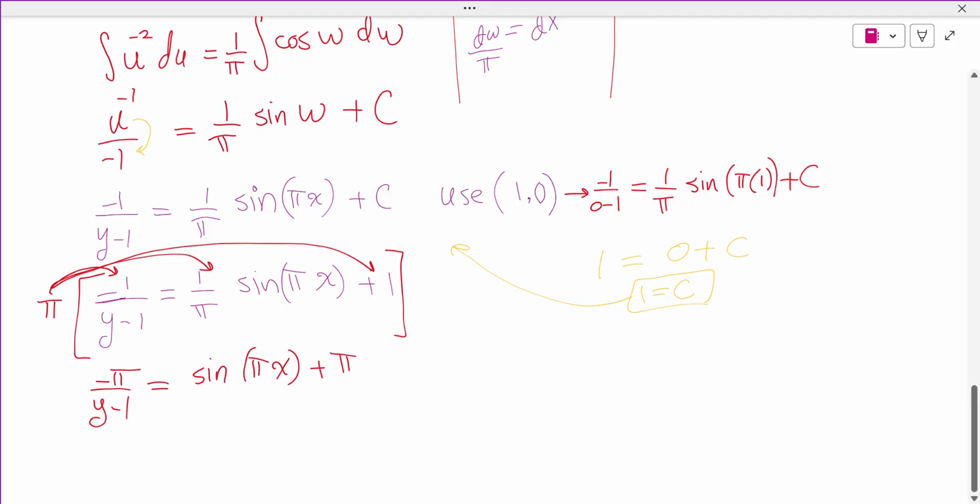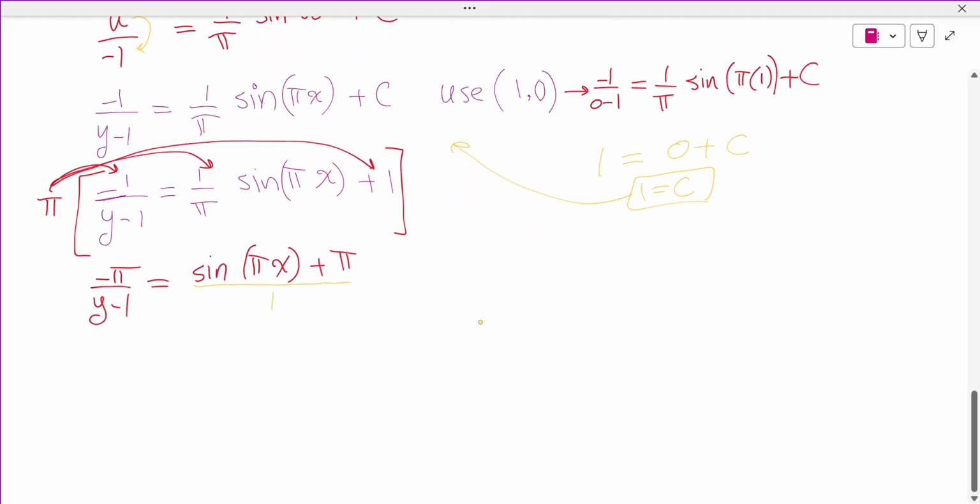Now we can put a denominator of 1 here, and then we can flip both sides. That means y minus 1 over negative pi equals 1 over sine of pi x plus pi.